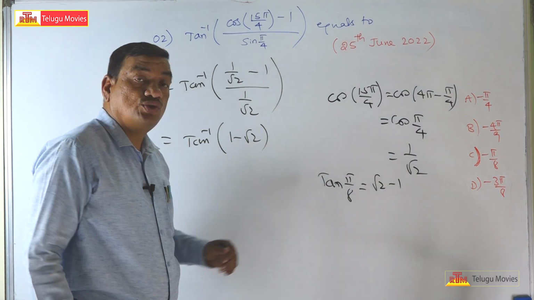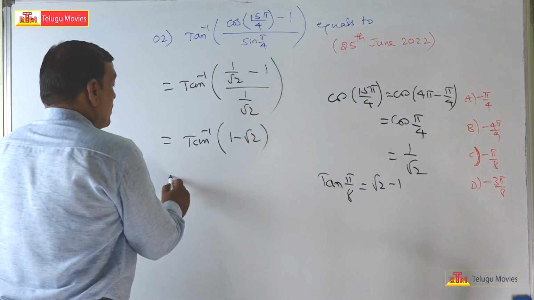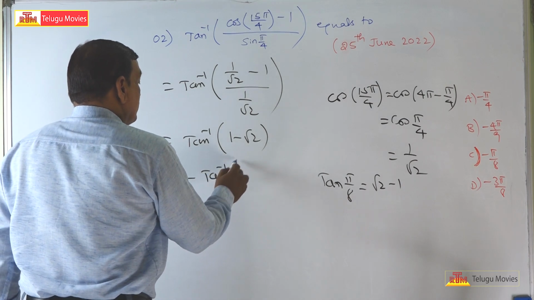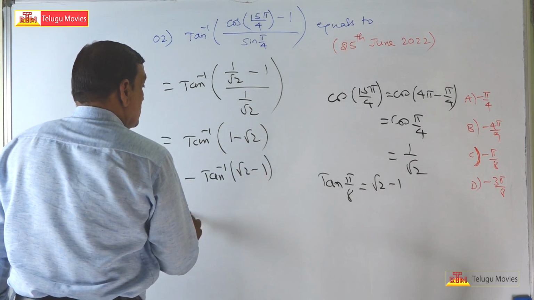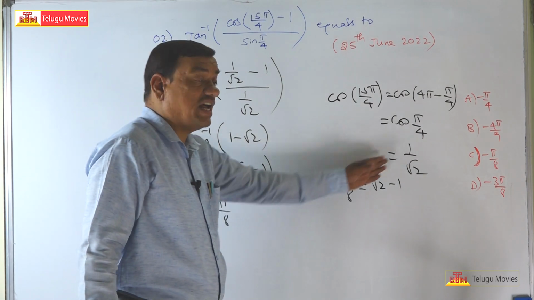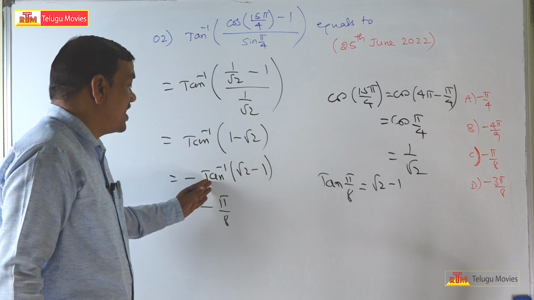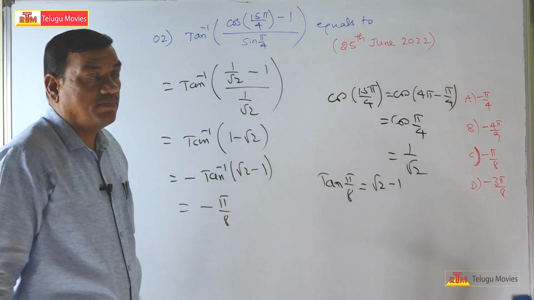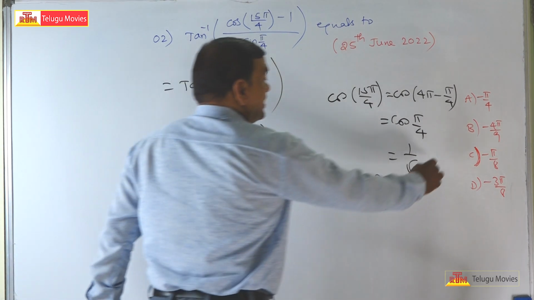But here it is 1 minus root 2, so you can take minus common outside: minus tan inverse of root 2 minus 1. So tan inverse of root 2 minus 1 is nothing but pi by 8. So minus pi by 8 is your answer.